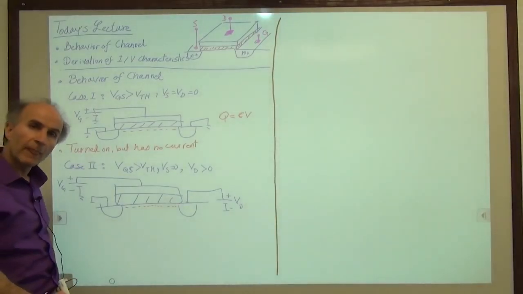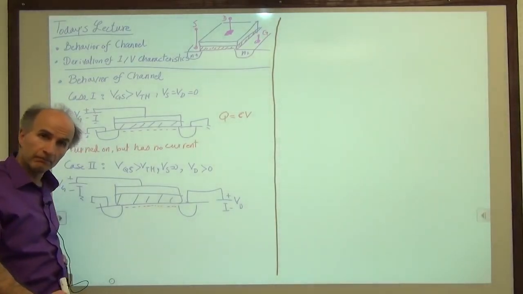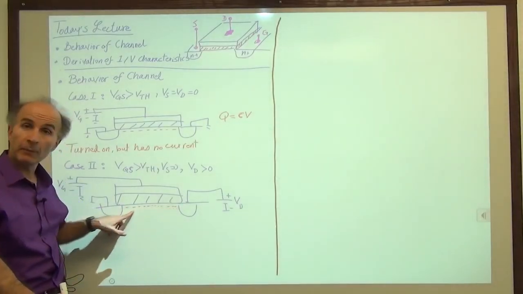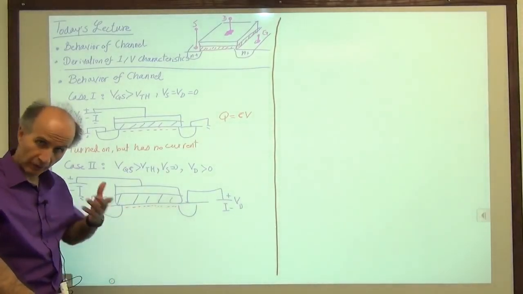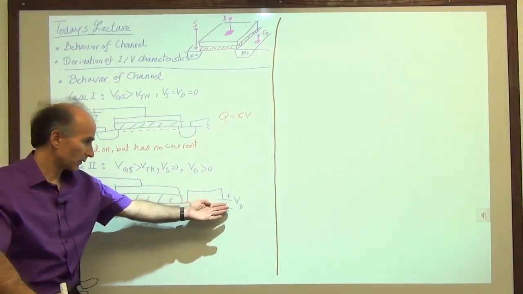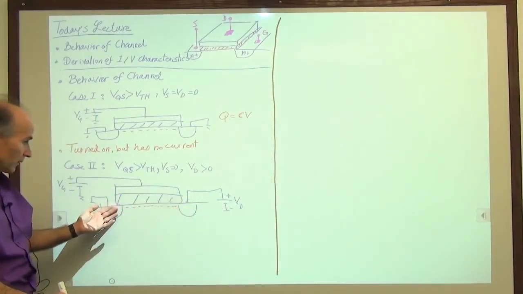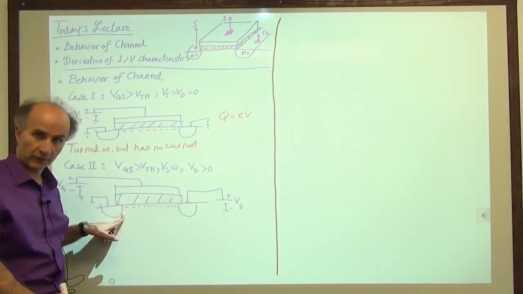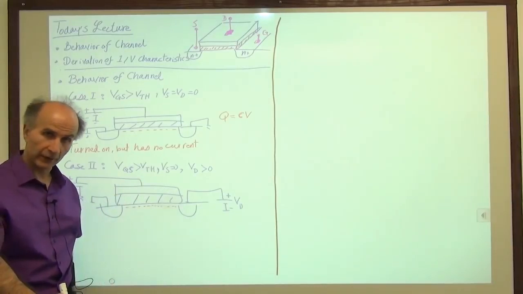But now, do we have a current? Yes, we do have a current because we have a channel capable of conducting current, like a resistor, and we have a voltage difference from here to here. Let's say this is 0.5 volts, this is 0, so from here to here, we have 0.5 volts. If you look at this as a resistor, that resistor will carry some current.